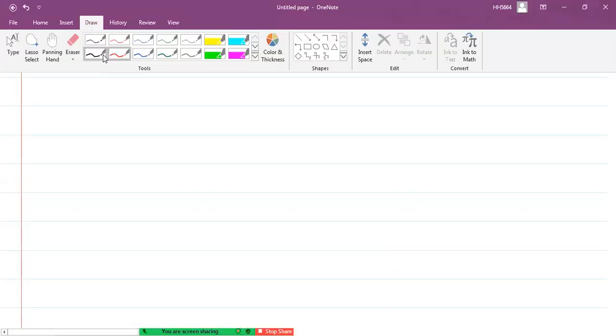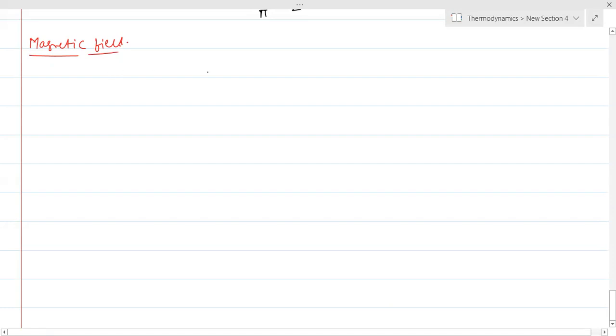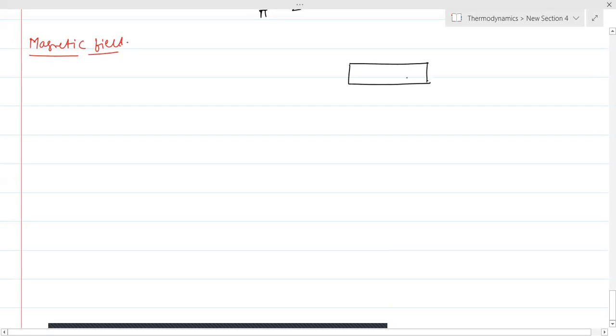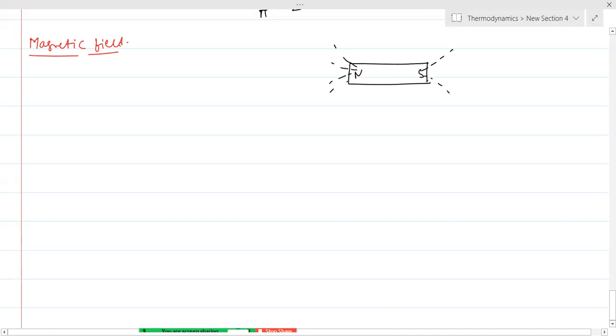So magnetic field. First we used to think of magnetic field. Magnetic field means, suppose you take a bar magnet with a north pole and a south pole. Up to some region only, it is able to attract pieces of iron. So the region around which its influence is felt is known as magnetic field. Up to some region only it is valid.